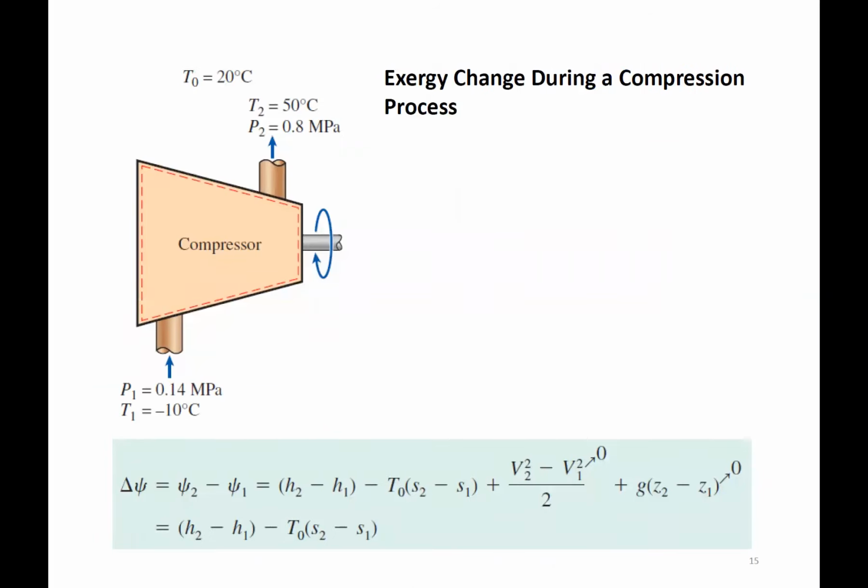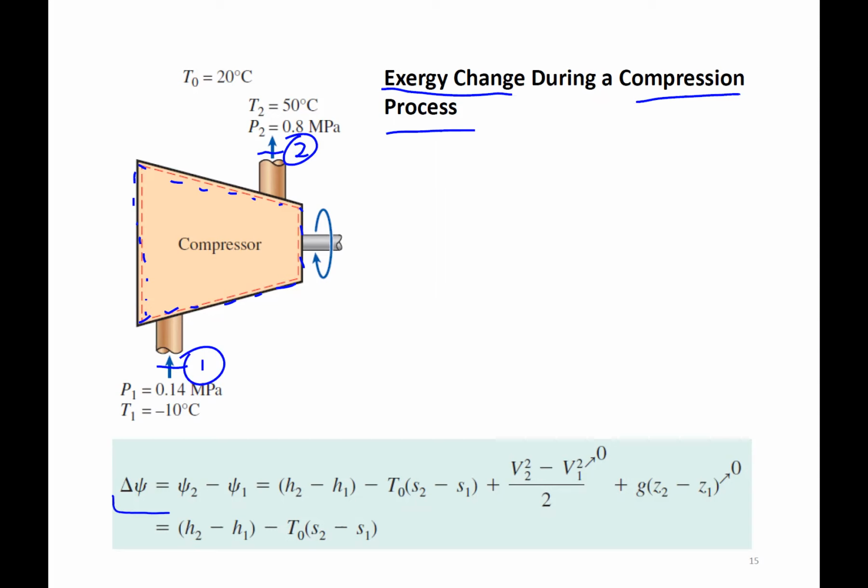Now we have a compressor. We take our boundary here, with state 2 exiting and state 1 entering. They just want the exergy change during a compression process. So it's an open system, with exergy at state 1 and exergy at state 2.